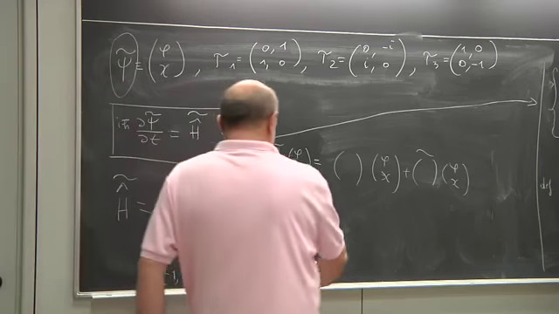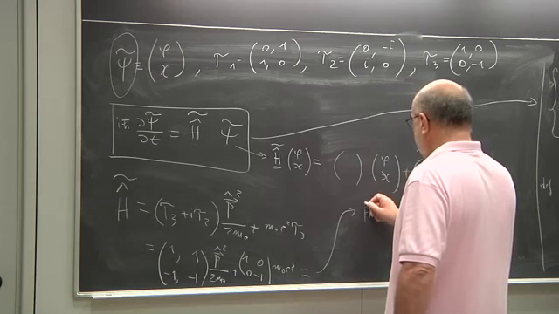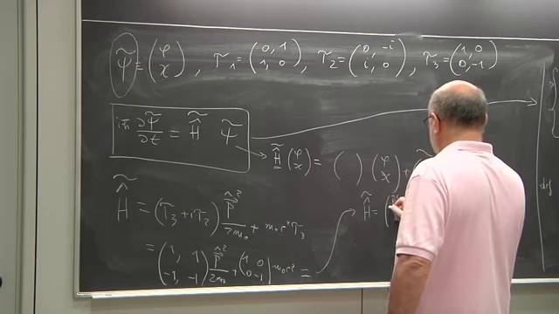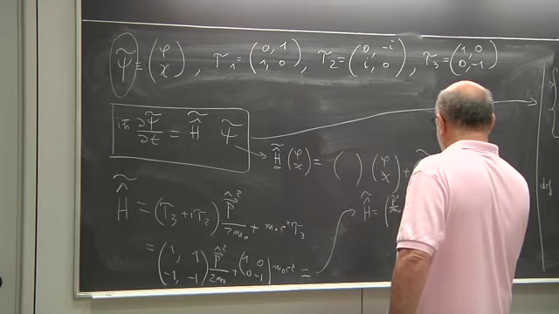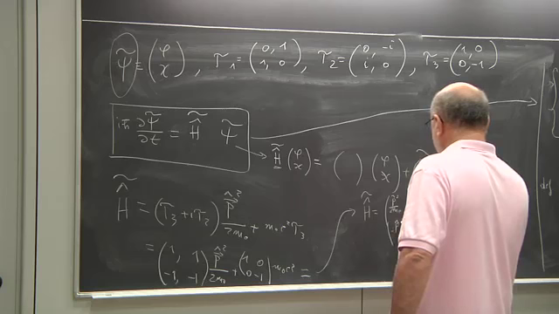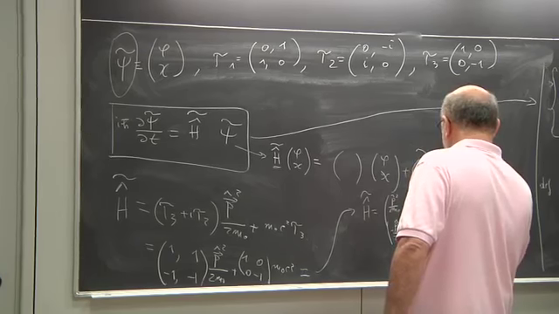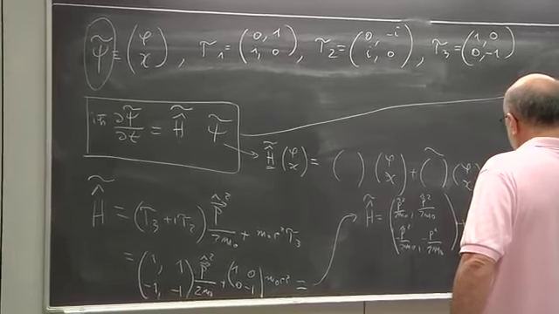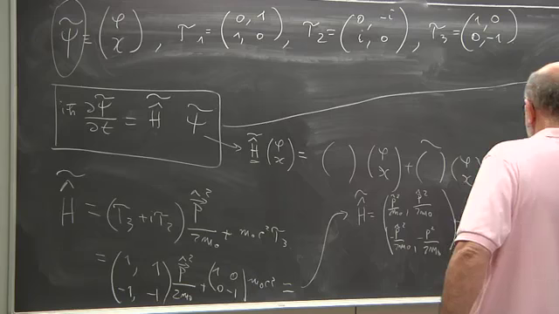Okay, so this one, if you want, can be written in the following manner. This h hat is p squared over 2 m0, p squared over 2 m0, minus p squared over 2 m0, minus p squared over 2 m0, plus m0 c squared, 0, 0, minus m0 c squared.